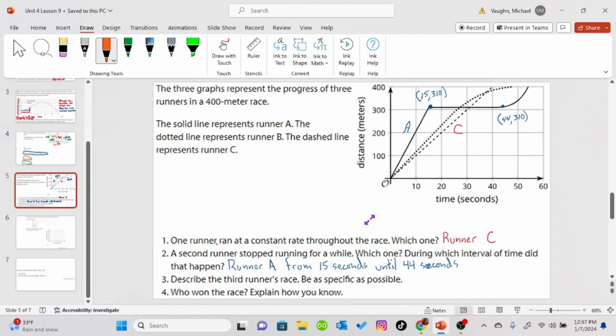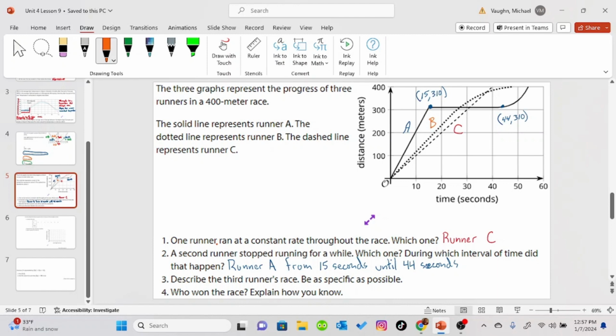Number 3. Describe the third runner's race. Be as specific as possible. So the third runner would be the one we haven't mentioned yet, and that would be runner B with the dotted line.